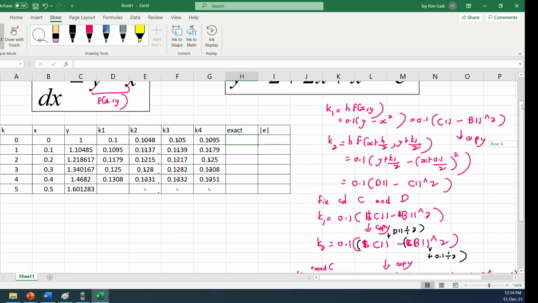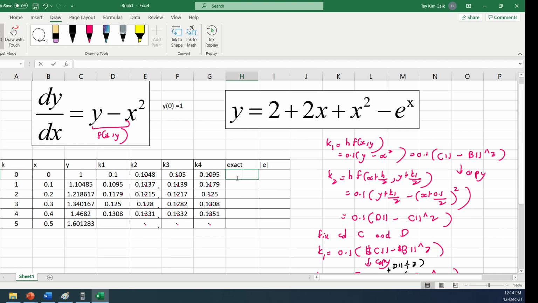And then you can key in the exact formula, which is 2 plus 2 times x plus x squared minus exp, click x, close the bracket. You have 1. Copy it down. Delete all these things.